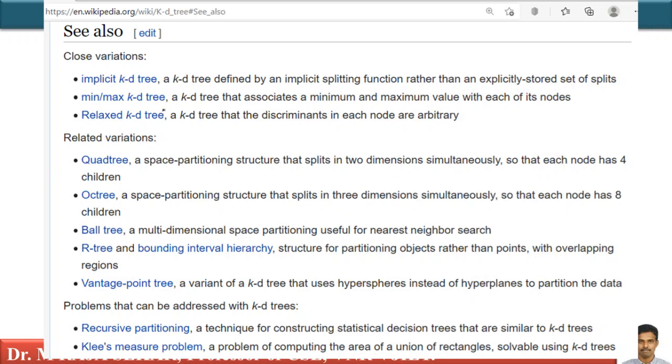There are lots of variations that people have come up with over the years as part of fundamental research. So there is a tree called implicit KD tree. There is a tree called min-max KD tree, and relaxed KD tree. All these are close variations of KD tree.